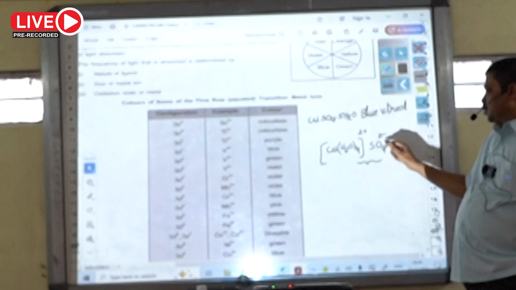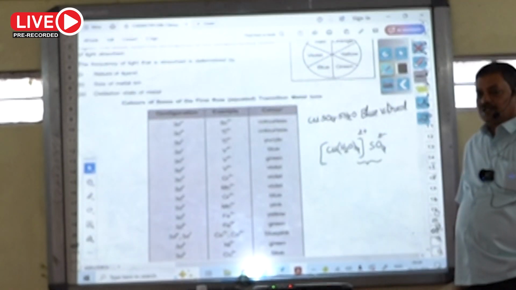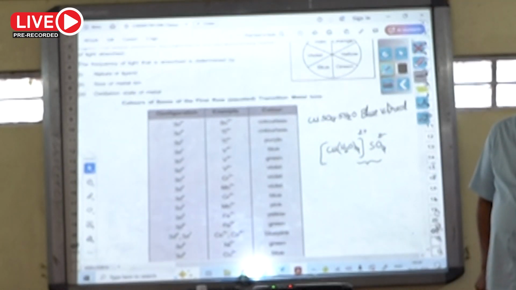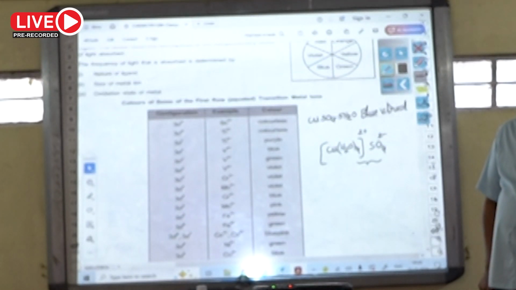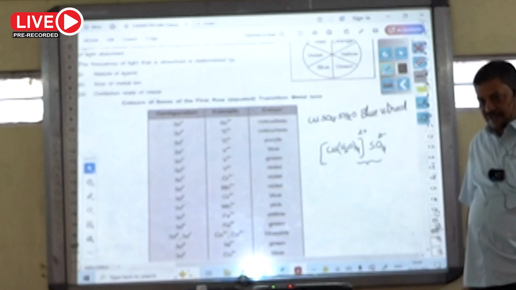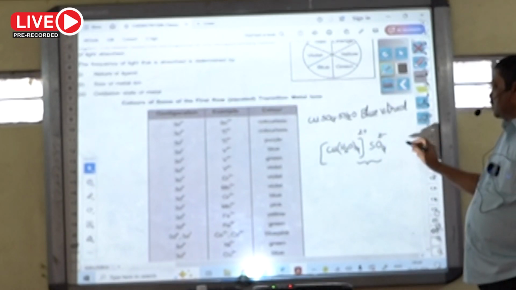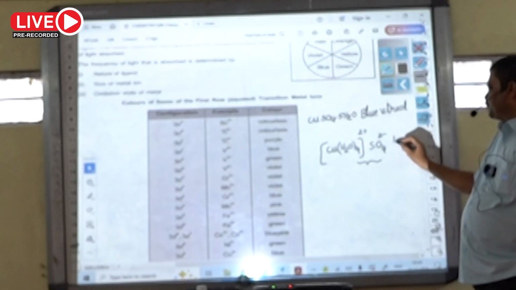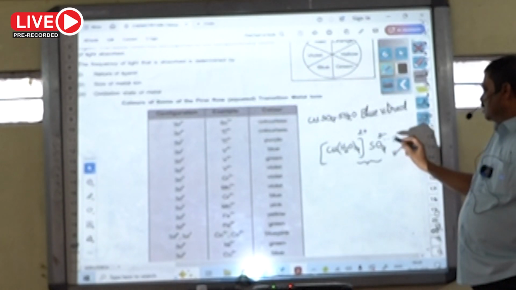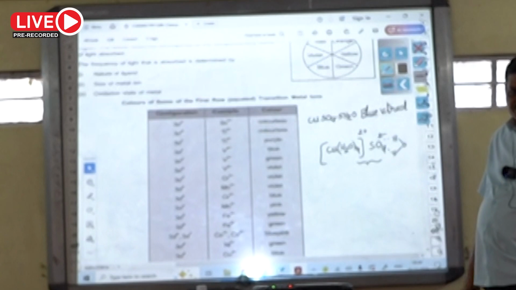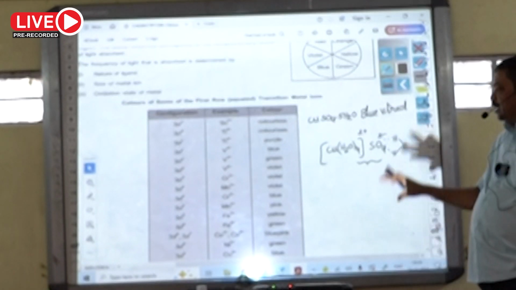Between 2 positive, 2 negative. Positive and negative attraction is called electrostatic force. Electrostatic force is called ionic bond or electrovalent bond. Now the last water molecule is linked to the sulfate ion by means of hydrogen bond. So we already discussed this point.